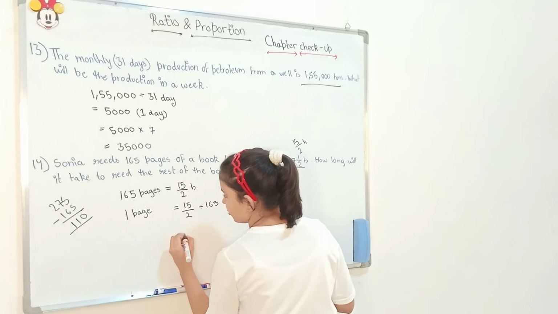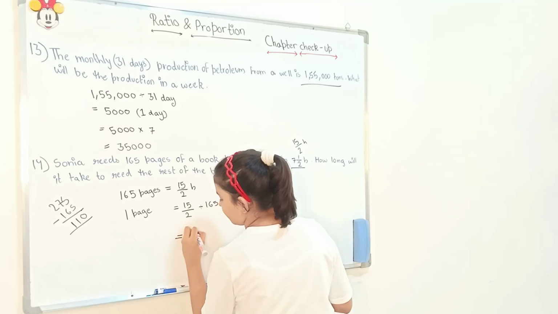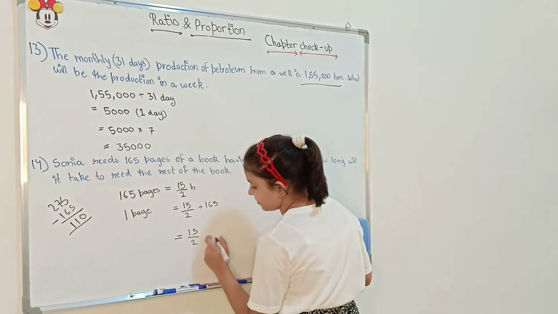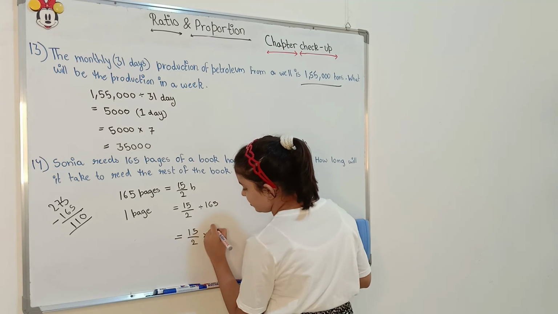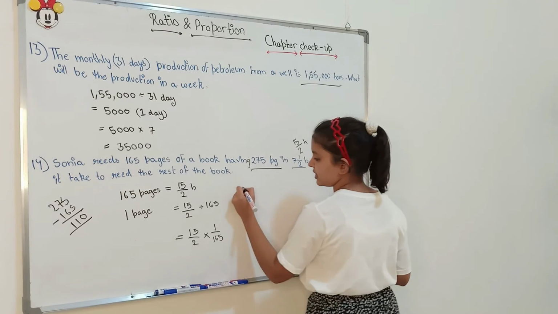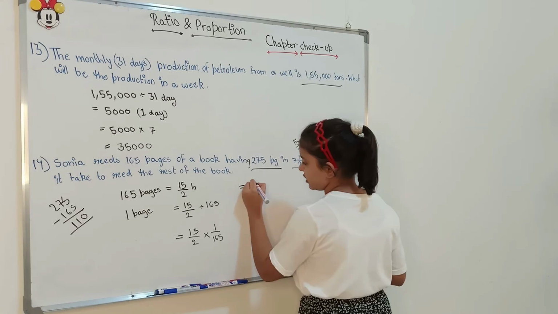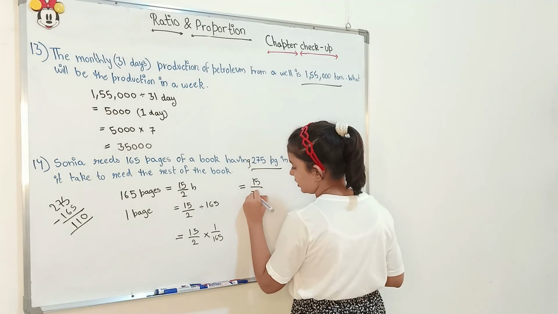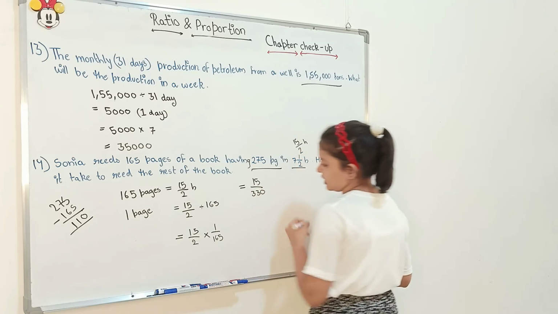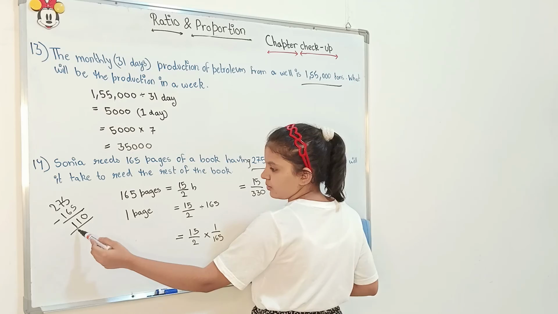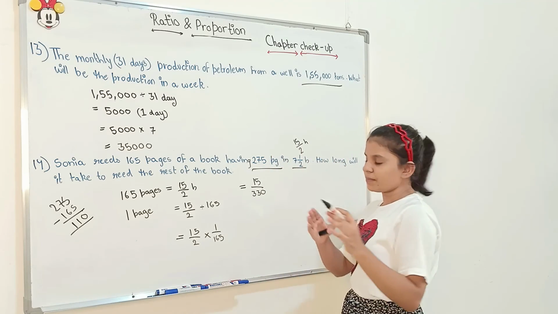So it would be 15 by 2 multiplied with 1 by 165. So once we multiply them, we will get our answer as 15 by 2 into 165, which is 330. So now we have to multiply 15 by 330 with 110 pages, the rest of the pages which are left.